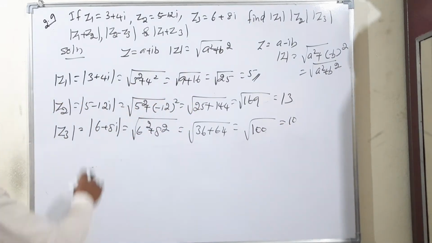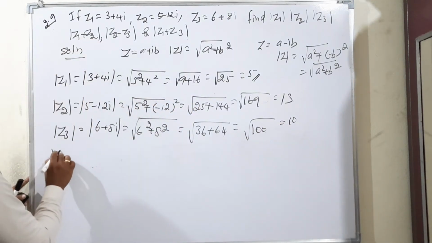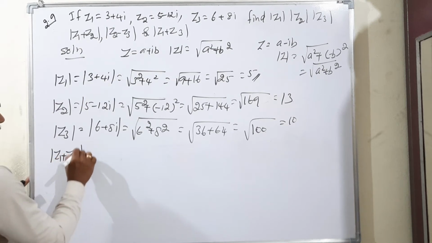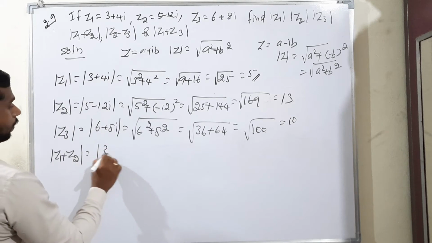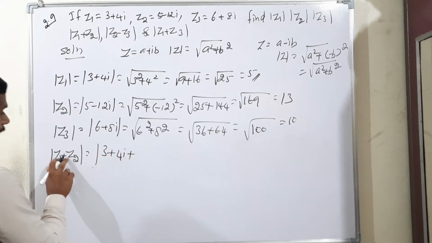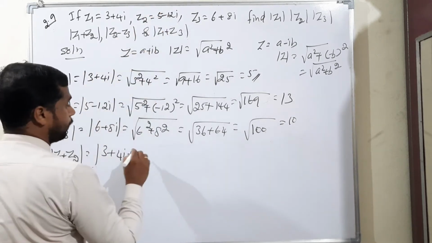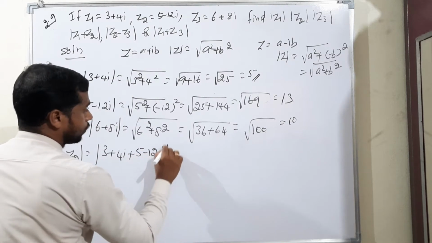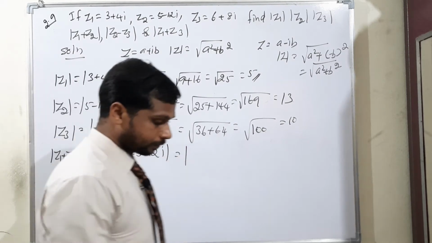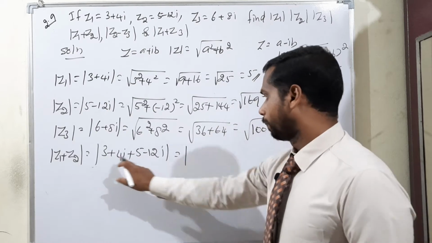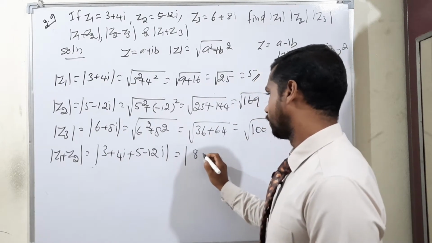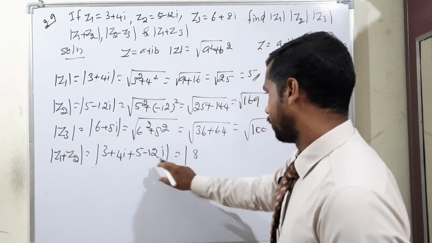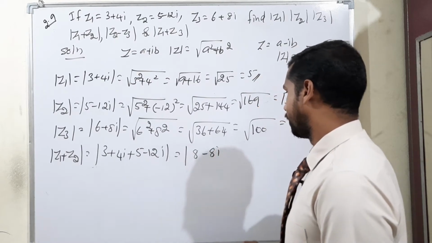The next one, modulus of z1 plus z2. The z1 value is 3 plus 4i, plus z2, 5 minus 12i. 3 plus 5 is equal to 8, plus 4i minus 12i, which is minus 8i. So 8 minus 8i.